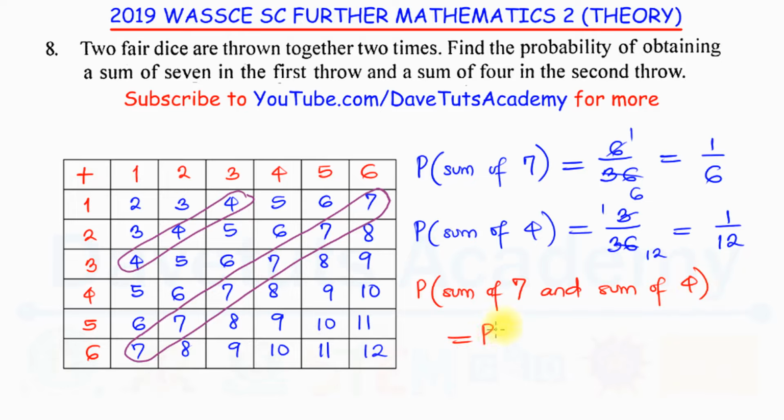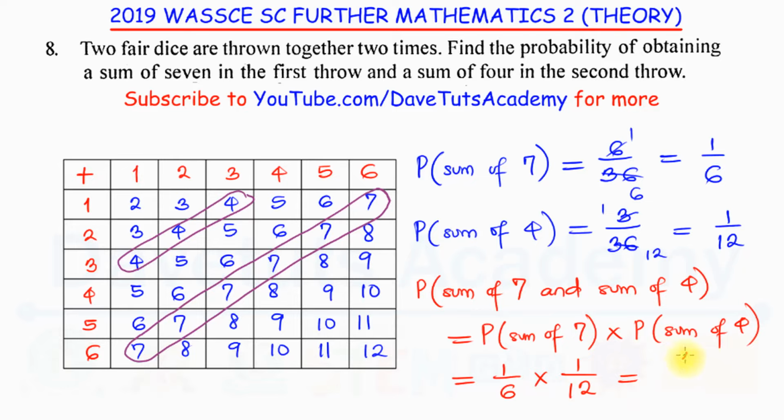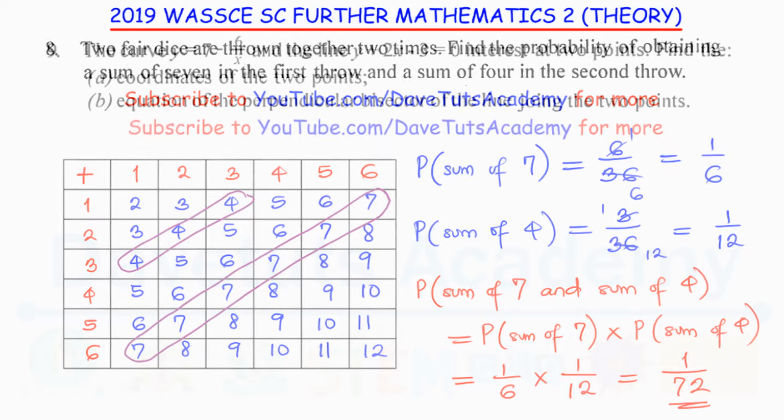It's going to be the probability of a sum of 7 multiplied by the probability of a sum of 4. So that will give us 1 over 6 multiplied by 1 over 12. The numerator will still be 1 multiplied by 1 is 1, 6 multiplied by 12 is 72. So 1 over 72 is the answer to this question as we're asked to solve it.